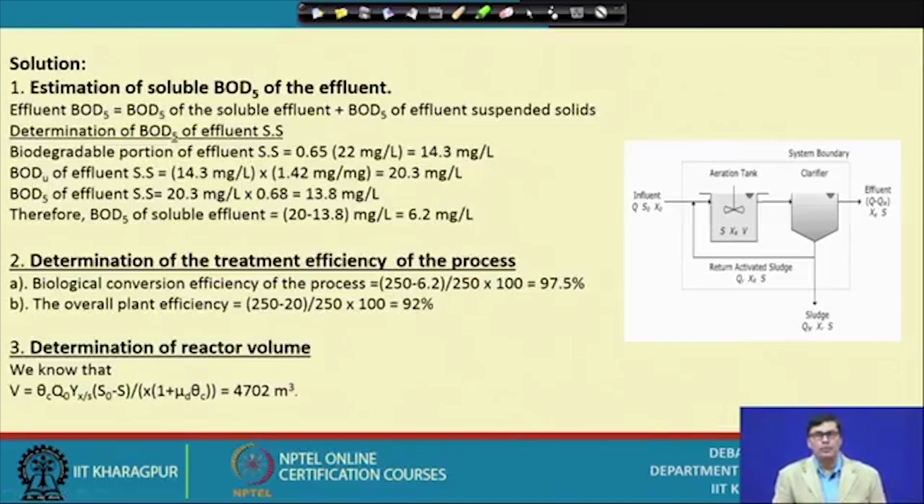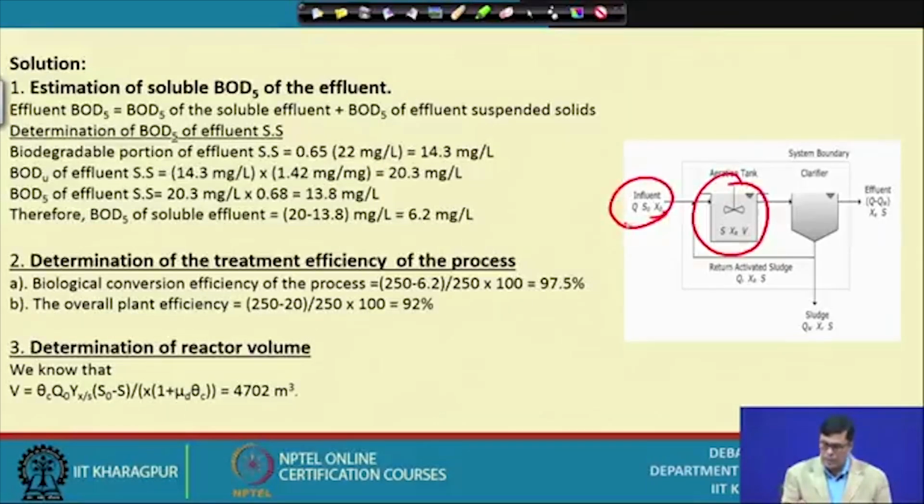So, what we shall have to do first: the process is like this. This is the reactor, and we pass the flow rate Q0, with S0 as the initial substrate concentration and X0 as the initial cell mass concentration. It comes into the reactor, and under steady state condition the cell mass concentration is X, the substrate concentration is S, and V is the volume of the reactor.